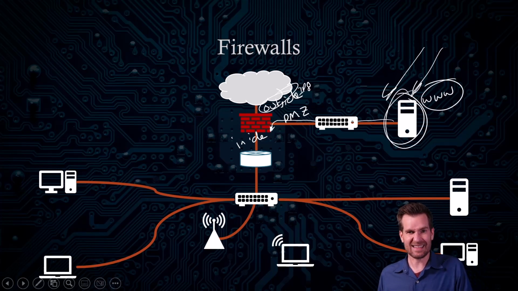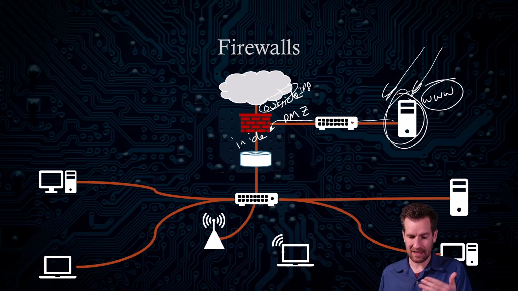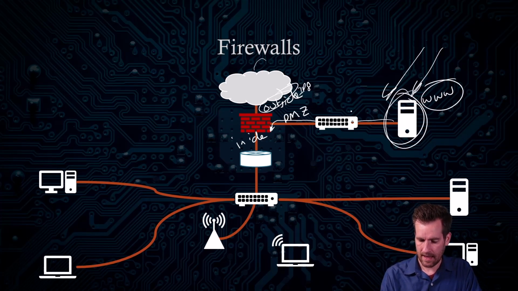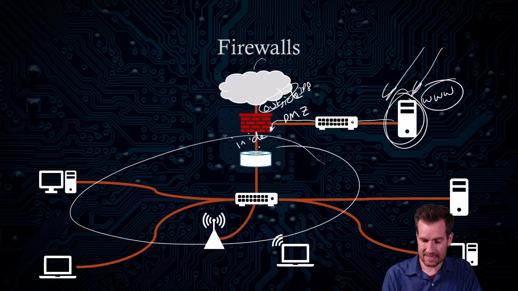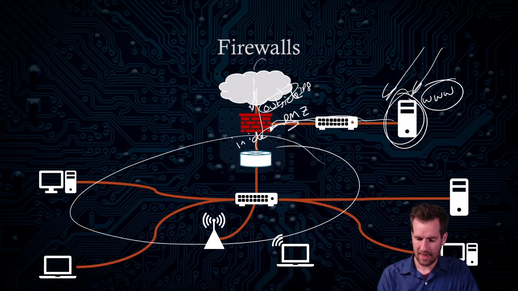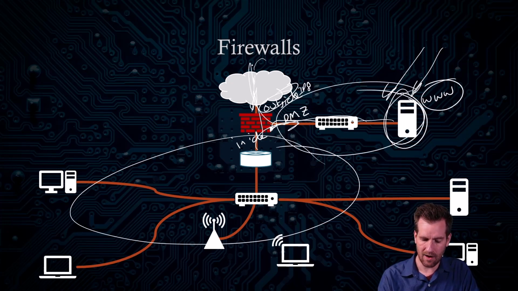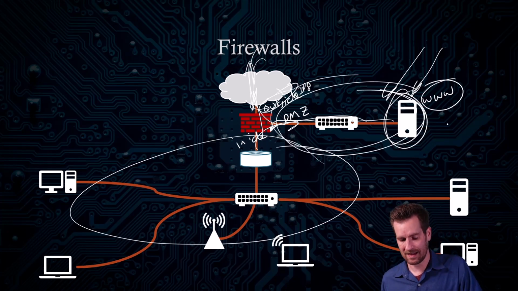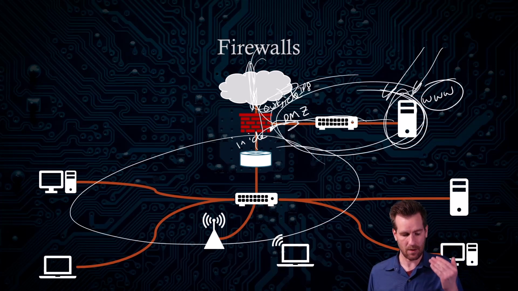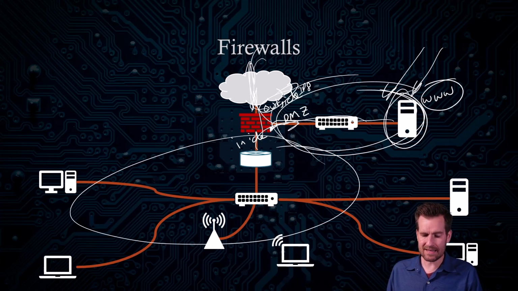So it's kind of like a double stage, where things can go from the inside network to the other areas, but they can't get into the inside network. And then this network right here can get out, but outside can't get into this network, with the exception of those services that we specifically open up. So that's a firewall for you.